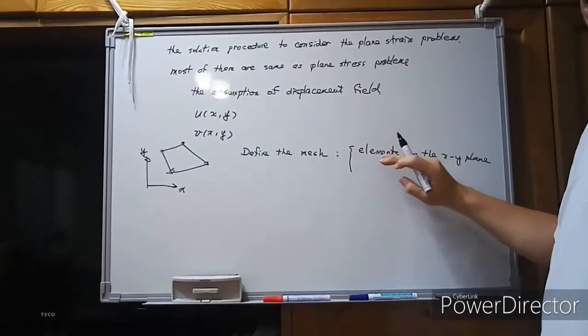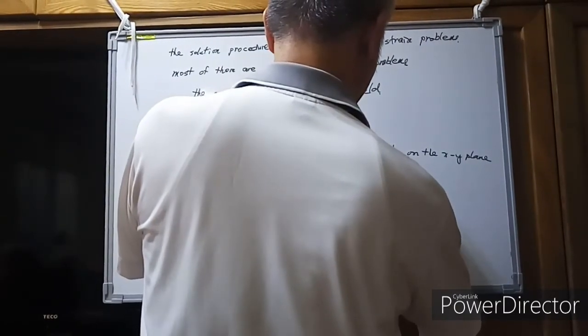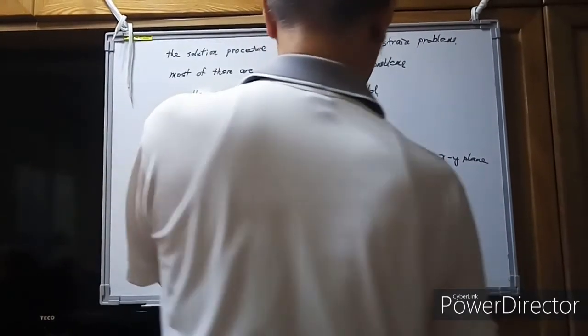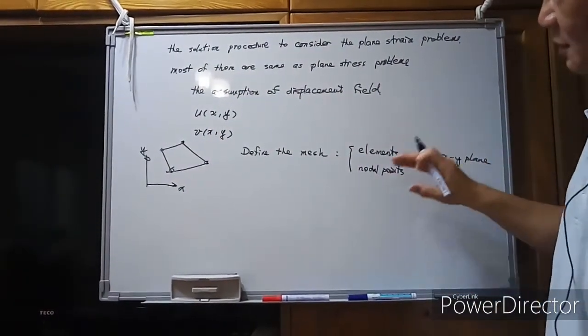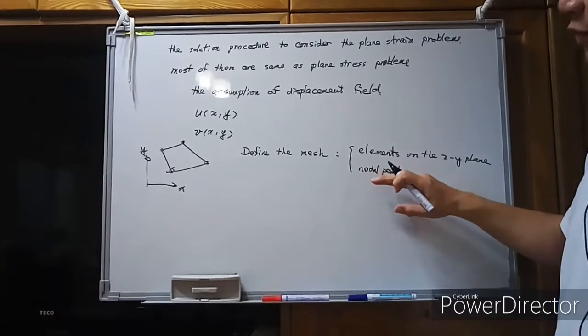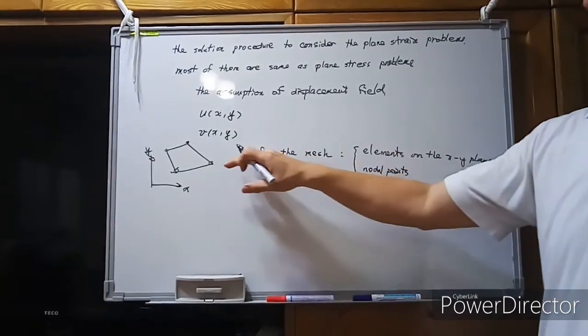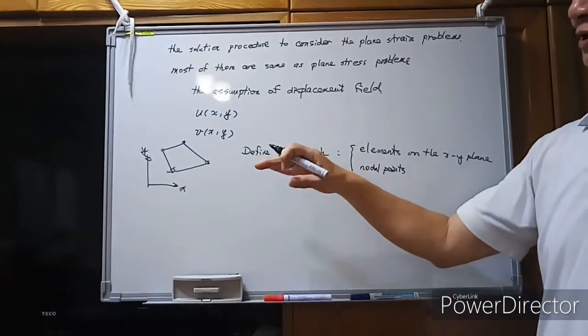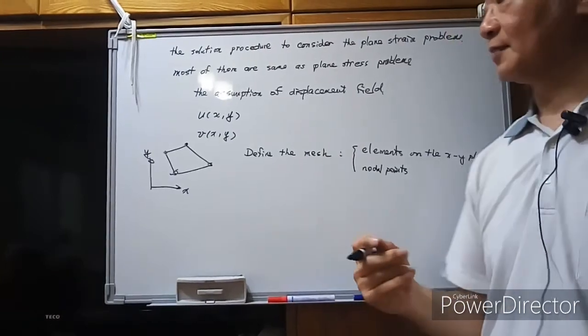After you define the elements, also you need to define the nodal points. Okay, the combination of the definition of the elements and the definition of the nodal points can also be said to be defining the mesh of the problems.